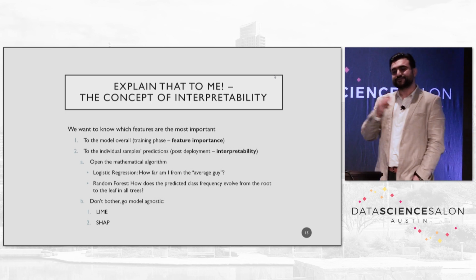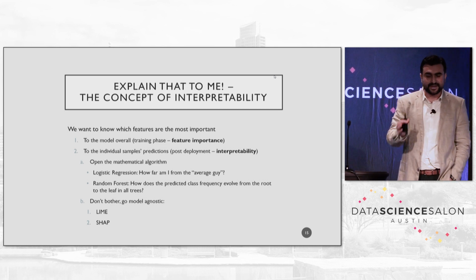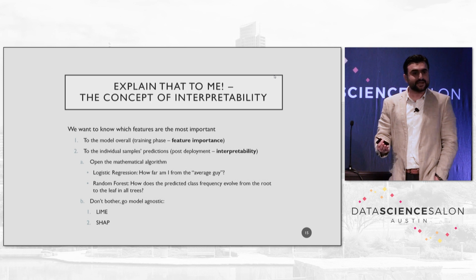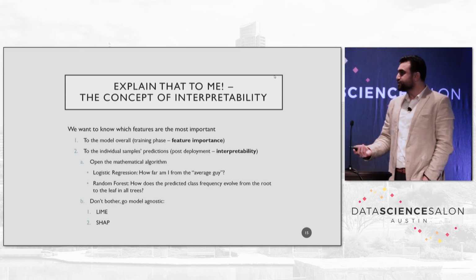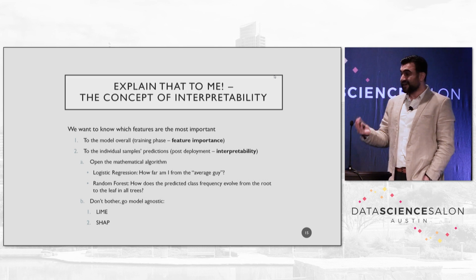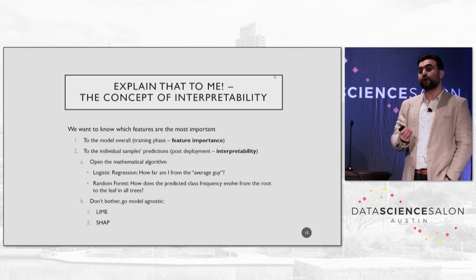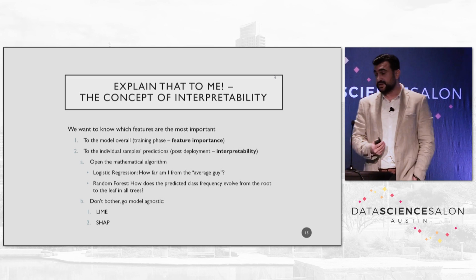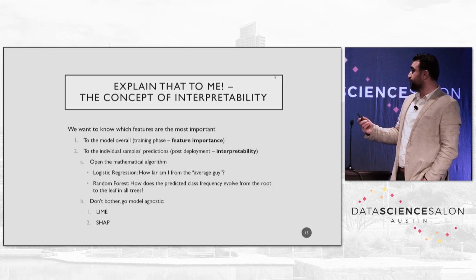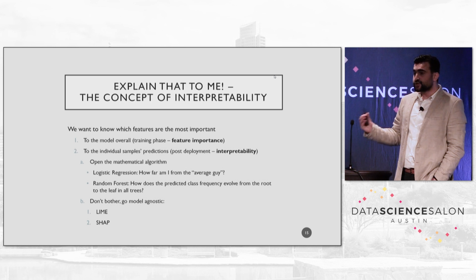Or you can just say, I don't really care about the mathematical details of things, I'll just go model agnostic. So the two main approaches to model agnostic explanations, which is what people actually mean when they talk about interpretability, are LIME and SHAP.